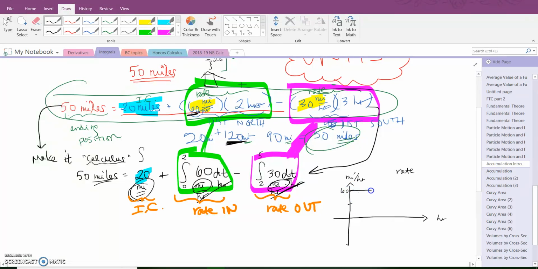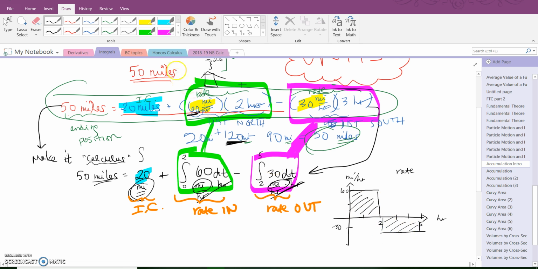So I went 60 miles an hour, and I did that for the first 2 hours. And then I ended up going a negative 30 miles an hour from 2 hours, 2, 3, 4, 5 here. So I had this area, and then I have this.